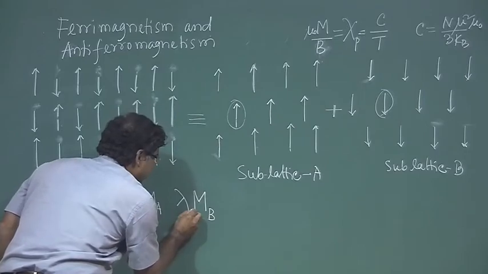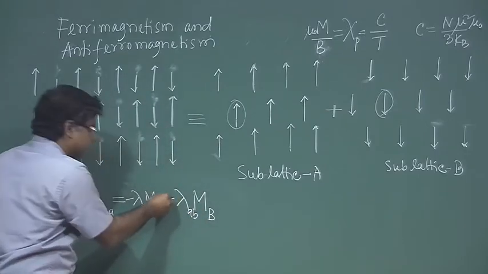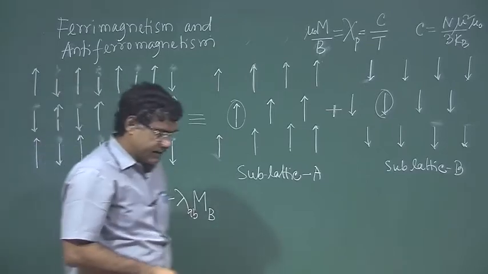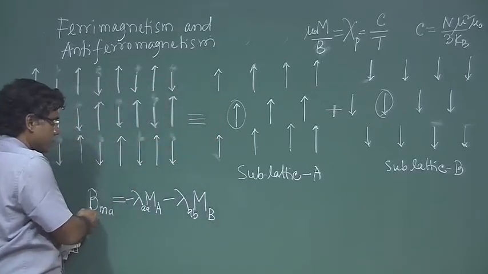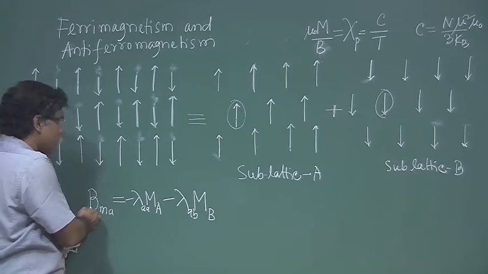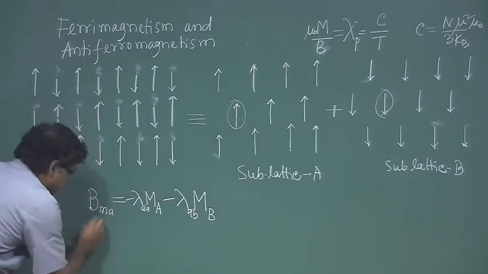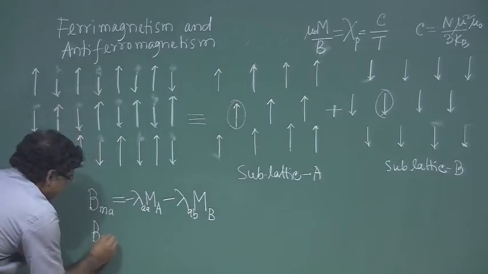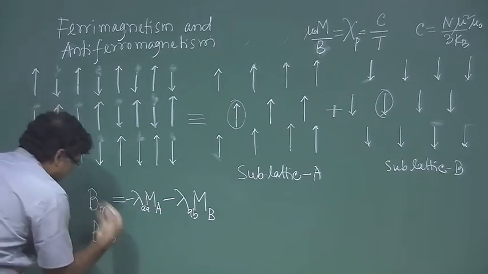So, let me write lambda A B, okay. And again this negative sign, that exchange interaction we are taking negative. So, this will be the molecular field on A side spin, and similarly molecular field on B side spin will experience.